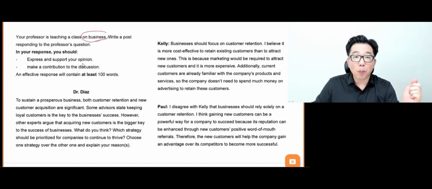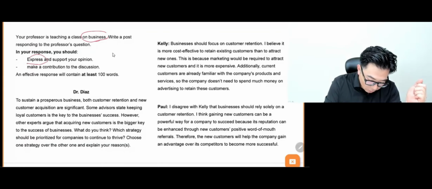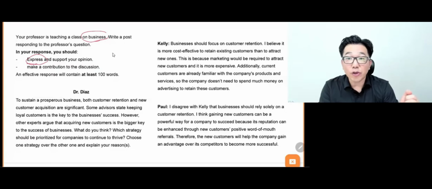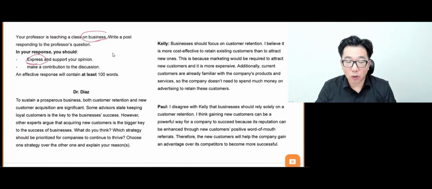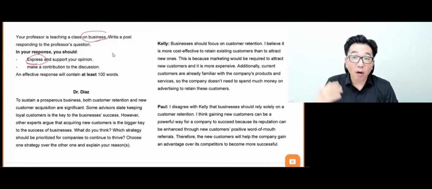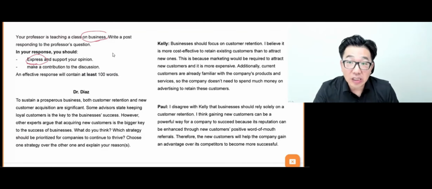So express and support your opinion. As it says, this type of question will allow you to express your own opinion. Quite often when you are writing this task, many students unconsciously, instinctively worry and think about what should be the answer and what should be the reason.